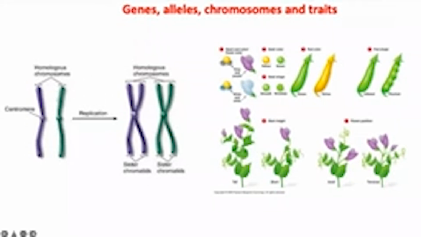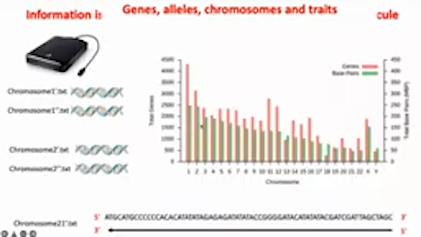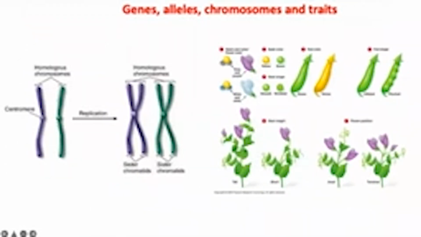This happens only during DNA replication just before the cell is going to divide. For saying that they are homologous chromosomes, there should be two chromatids, at least.